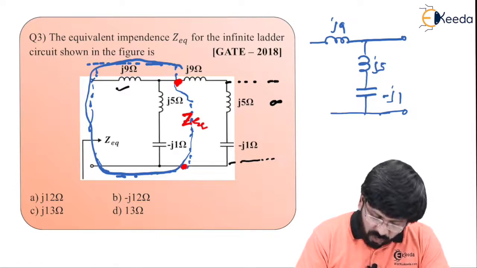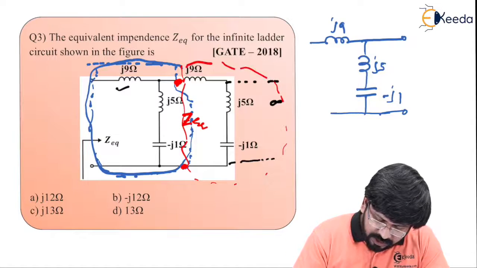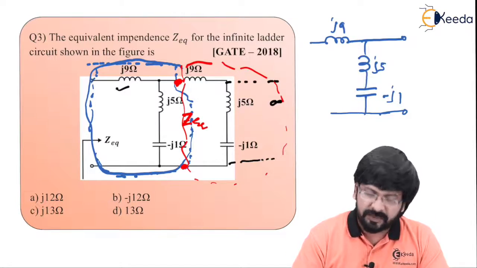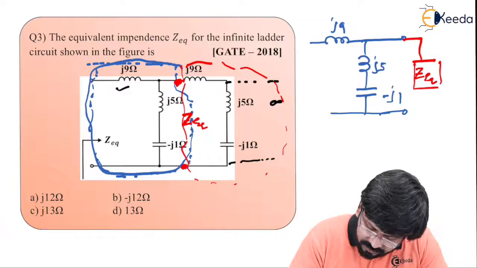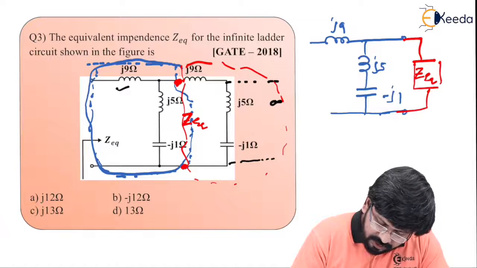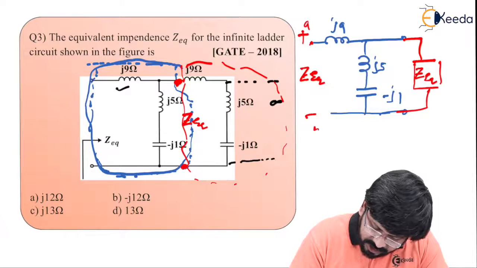Why not replace this whole infinite part with only one impedance, which is nothing but Z equivalent. So this is Z equivalent, and between these two points, let's say A and B, there is again Z equivalent.